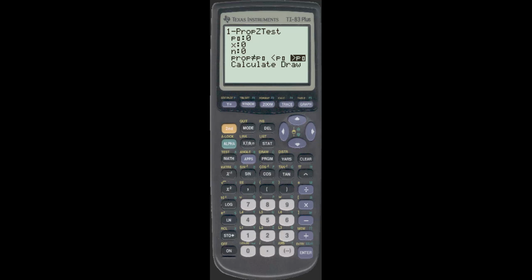It's still 0.5, but it's 56 out of 68. Another very small p-value. So you can for sure reject there.